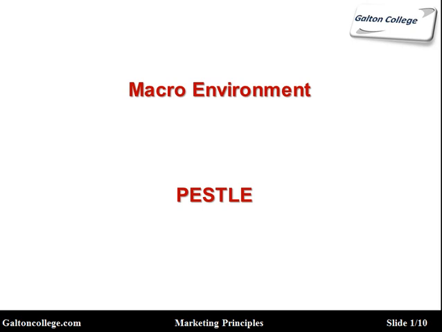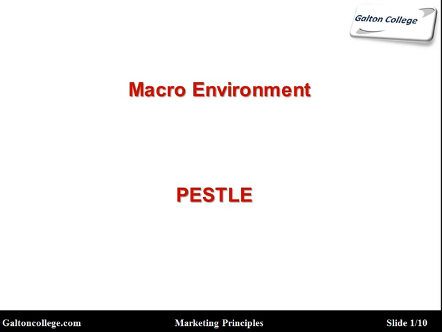If it is explaining how the various macro points affect the business, then that is an analysis. But the simple act of classifying it under the headings is not an analysis. That's just a listing process. So if the points are used to show how they affect the business, then that would be an analysis.